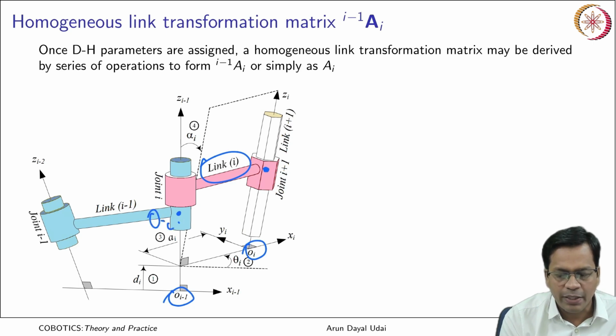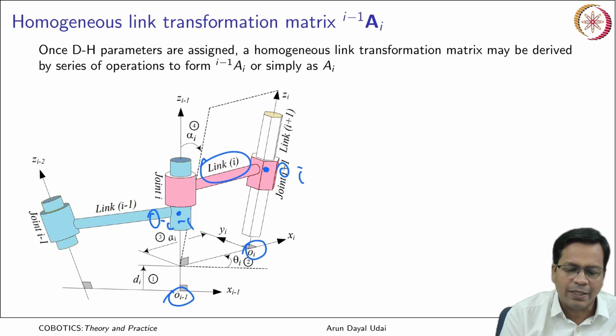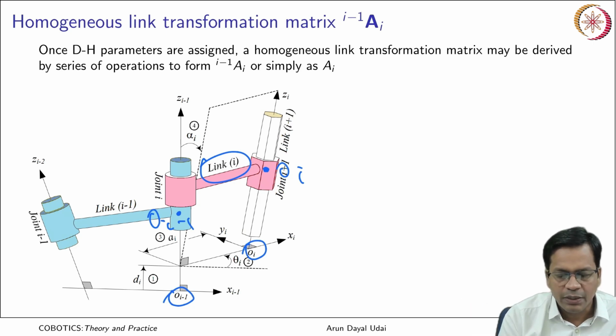So, Oi minus 1 and Oi, where Oi will finally have the next link in series, or it may be the final joint in case of the last link. So, that becomes the terminating frame. We need to know the transformation that takes you from this point to this point.